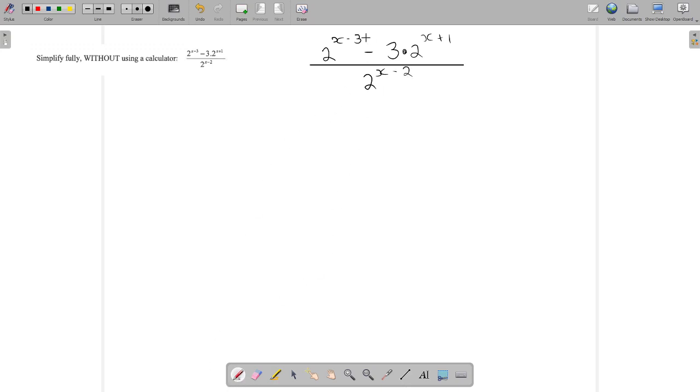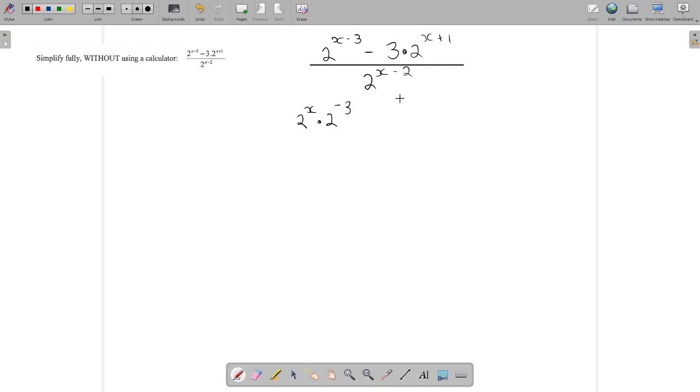Okay, so first thing that I always like to do is I don't like it when there's more than one term in my exponent. I'd like to just instead express it as a product of the same bases. So this would be 2^x times 2^(-3).